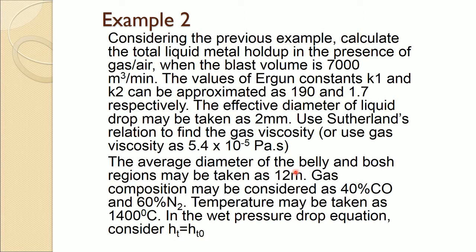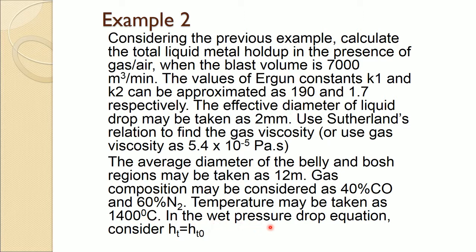The average diameter of the valley in both regions may be taken as 12 meter. Gas composition may be considered as 40% CO and 60% nitrogen, which is a typical composition in the dropping zone. Temperature may be taken as 1400 degrees Celsius.